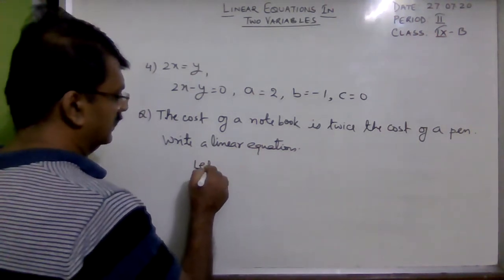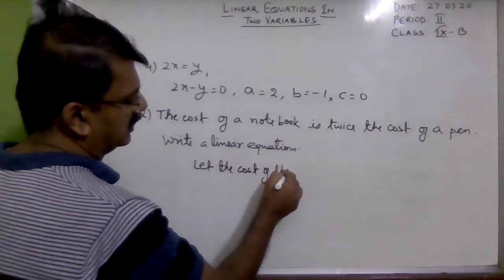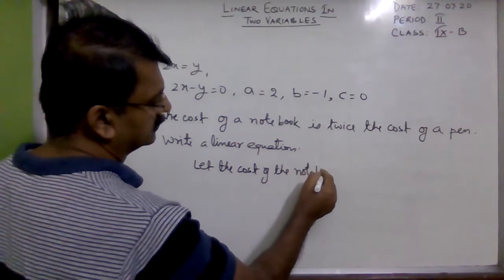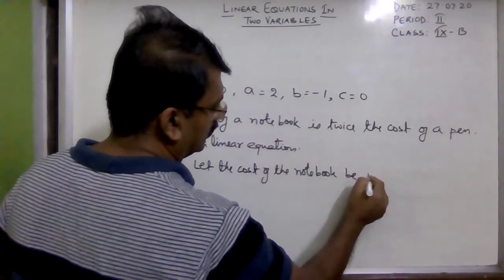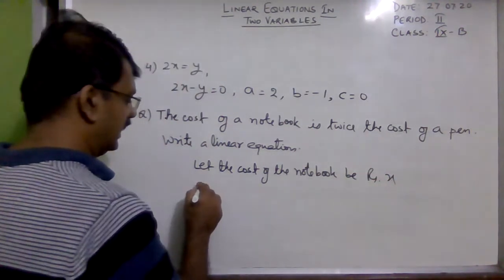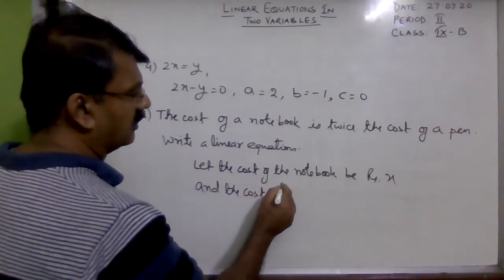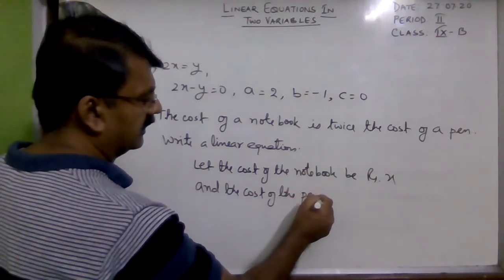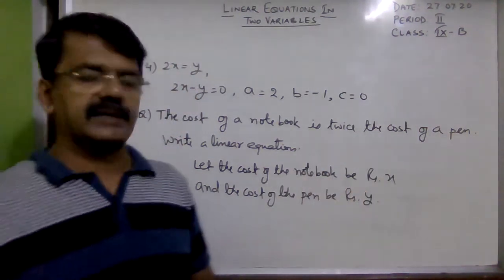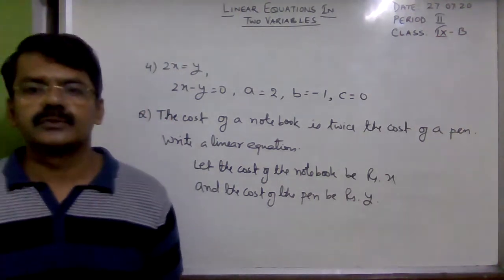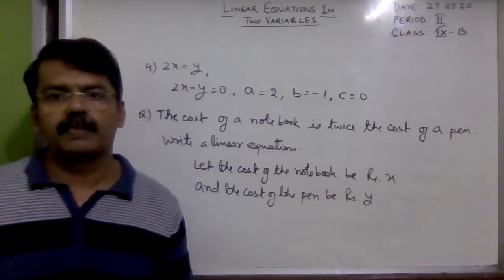Let the cost of the notebook be rupees X and the cost of the pen be rupees Y. So as I told you, there are two variables. So one variable I have taken X and the other variable will be Y.